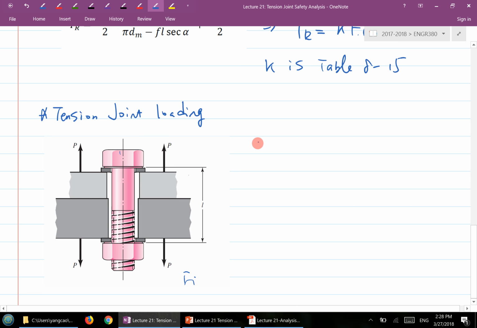Capital P, as I said, refers to the external tensile load, and Fi is the applied preload.